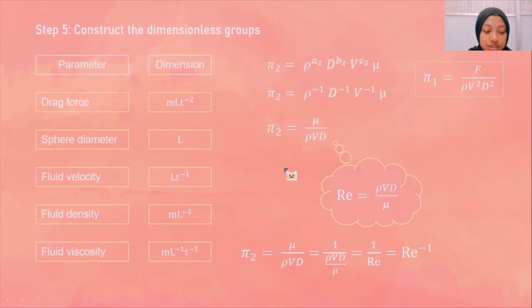And the final expression for pi2 is equal to mu over rho vd. We know that rho vd over mu is Reynolds number. Hence, pi2 is equal to 1 over Reynolds number, or Reynolds number power -1.